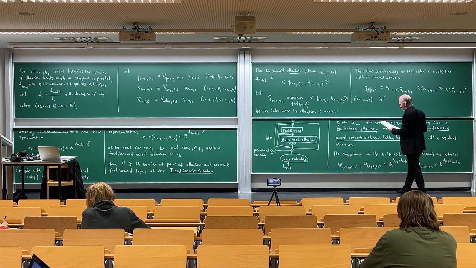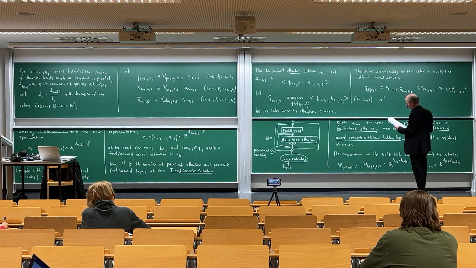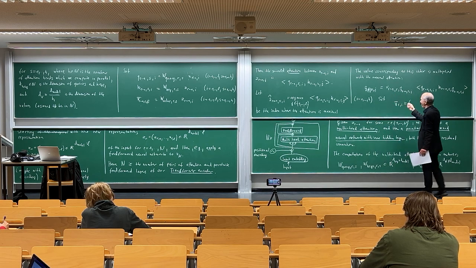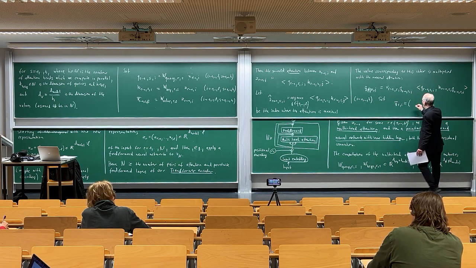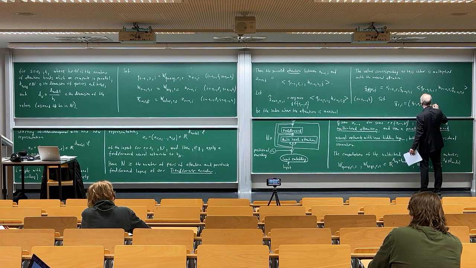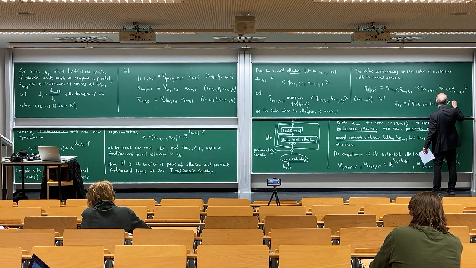So I call them epsilon bar r 1 i until epsilon bar r h i. These are all of them, put them all together. And that's now the vector in our model.